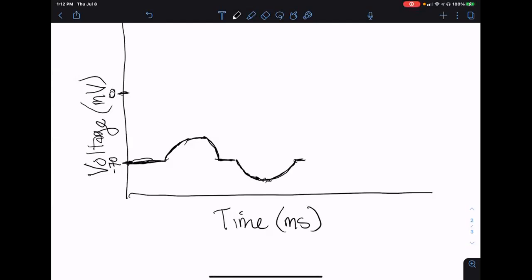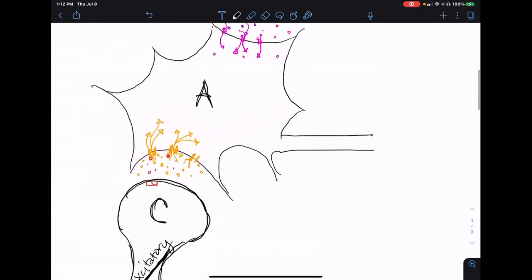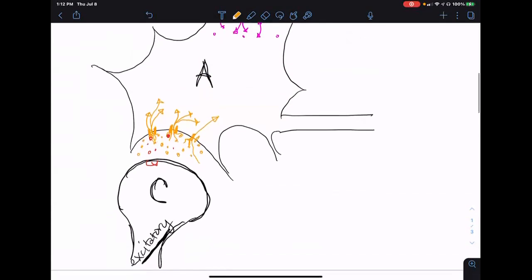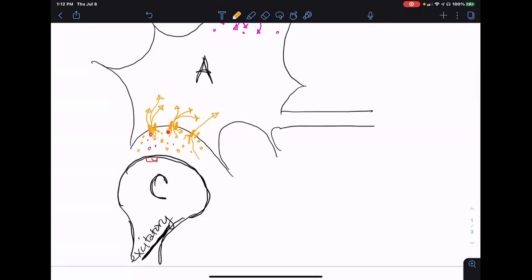But if we have enough excitatory signals coming in from sodium ligand-gated channels, and it becomes positive enough, these charges are going to fill up the cell body. So it's going to become more positive everywhere in the cell body.